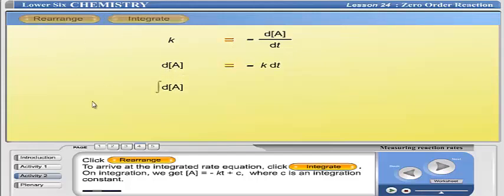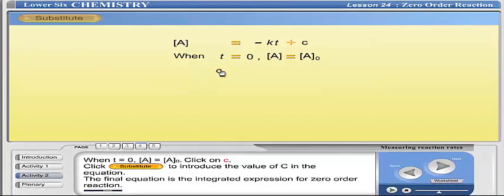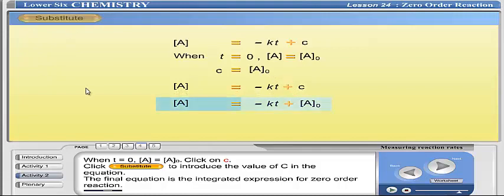On integration, we get concentration of A equals minus kt plus C, where C is an integration constant. When t equals 0, concentration of A equals concentration of A naught. Click on C. Click the Substitute button to introduce it. The final equation is the integrated expression for a zero-order reaction.